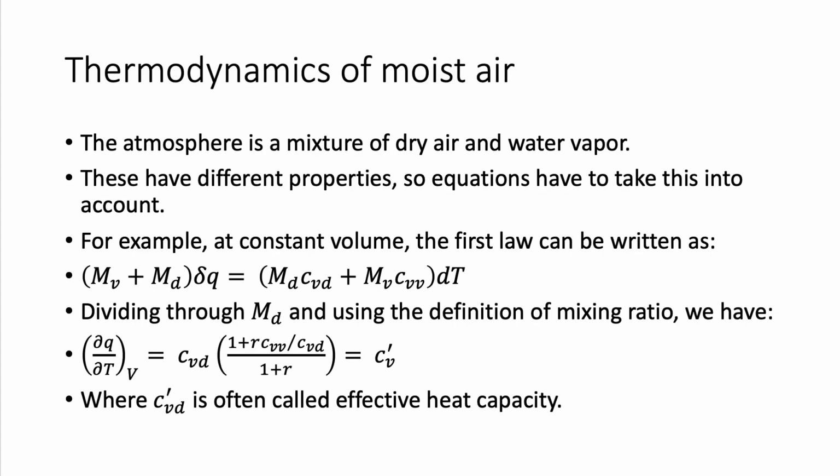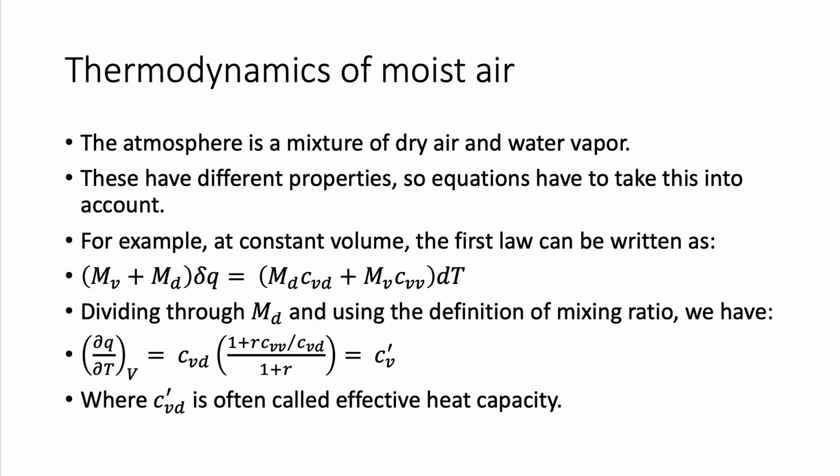So this is something that will be true from now on, that you can always define some kind of an effective gas constant, effective heat capacities or specific heat capacities, sorry, not for dry air, but for the moist air. And that is always going to be a combination of the specific heat capacities or the gas constants of dry air and of water vapor.